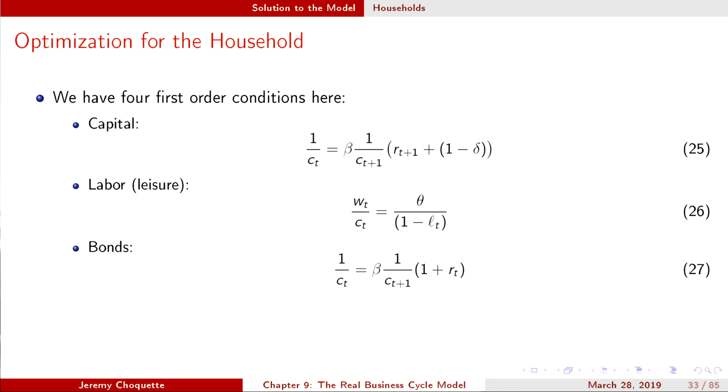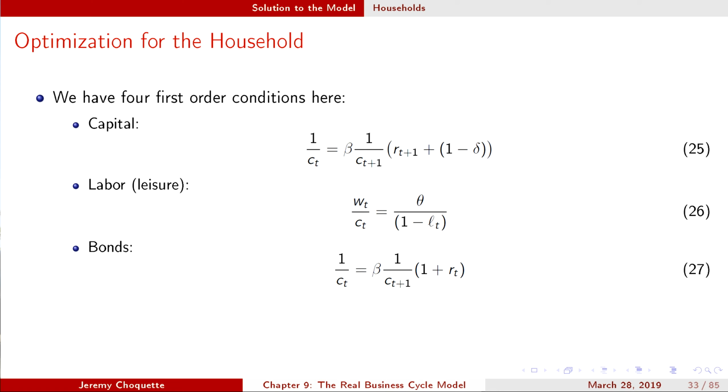But also look at the subscripts. In the first Euler equation, for capital, RT plus 1 is the expected future return. And if we look at bonds, that's the current rate of return.